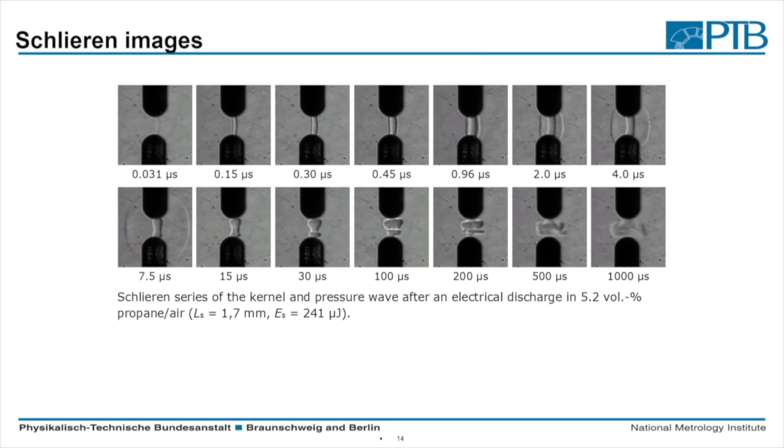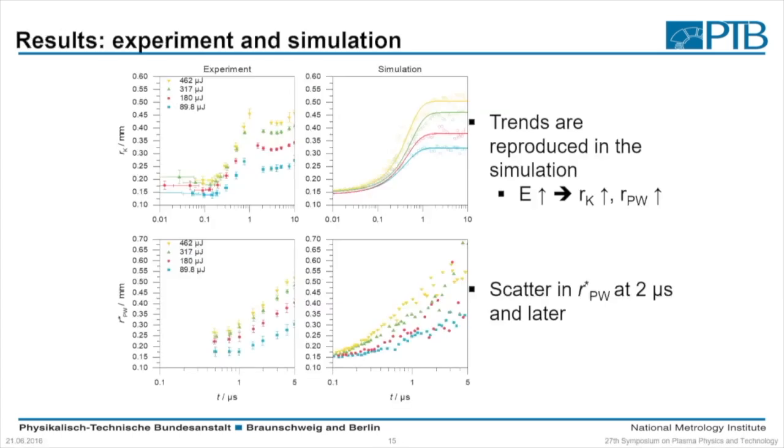And we can, of course, examine the propagation of this pressure wave. This can be seen here in the experiment. This is the kernel radius, and this is the position of the pressure wave.